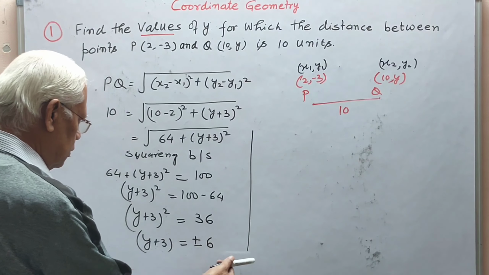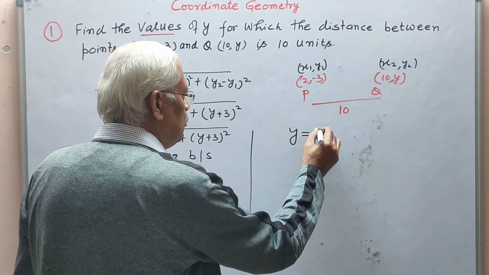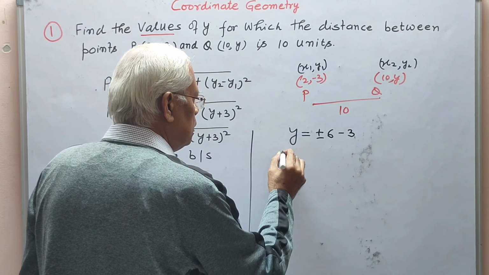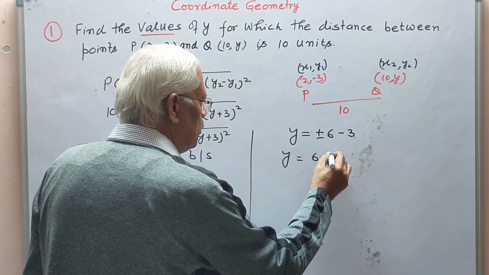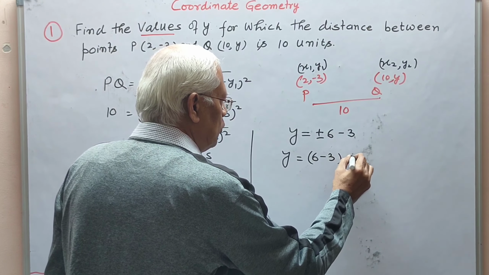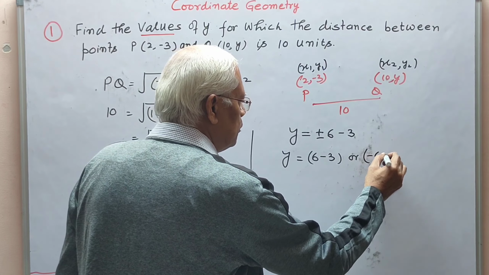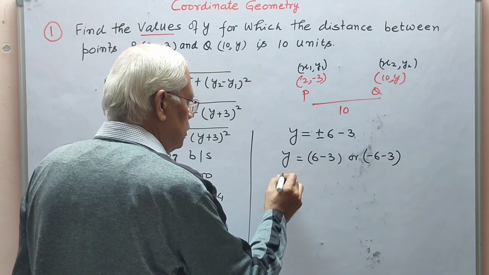Now transfer 3 to the right side. y is equal to plus minus 6 minus 3. When we take plus 6, this will be 6 minus 3. Or when we take the minus sign, this will be minus 6 minus 3.